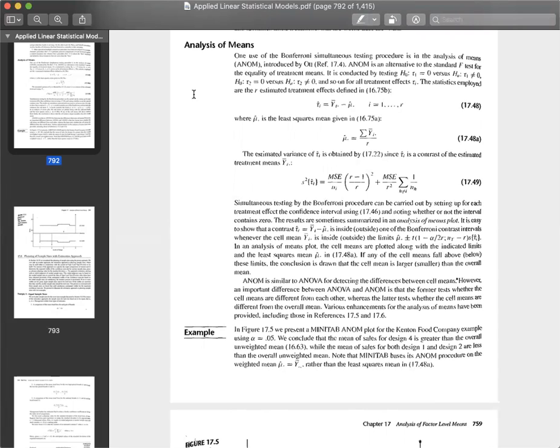The statistics employed are the r estimated treatment effects, defined as tau i hat equals Y i dot bar minus mu hat dot dot, where i is from 1 through r, and where mu hat dot dot is the least squares mean, given by the summation of Y i dot bar over r.